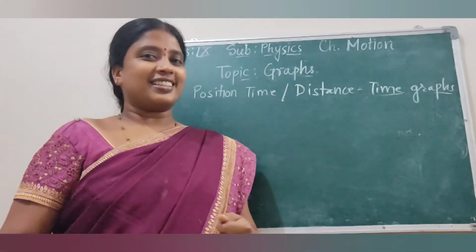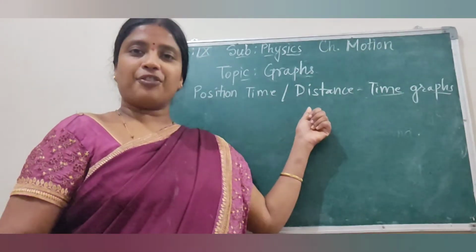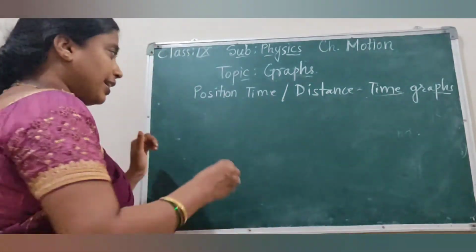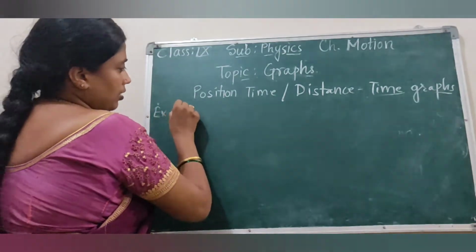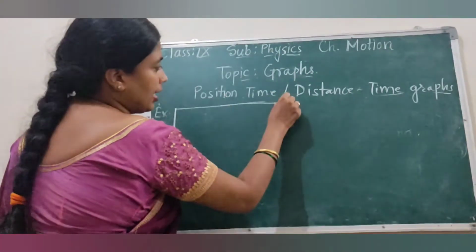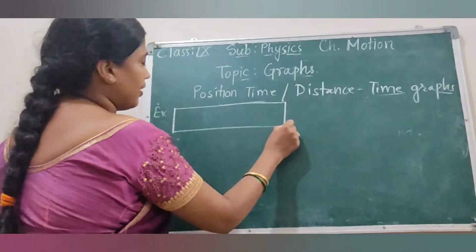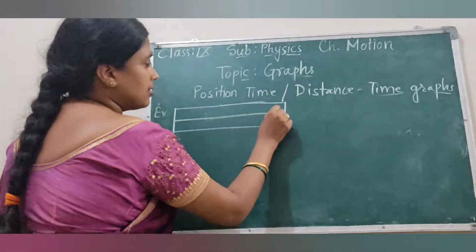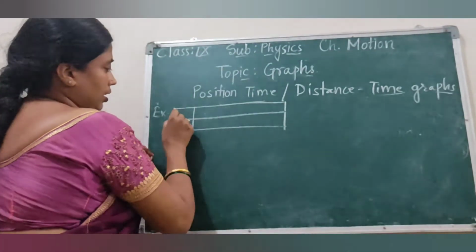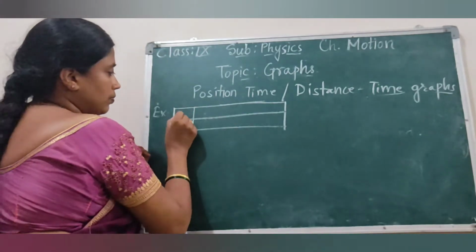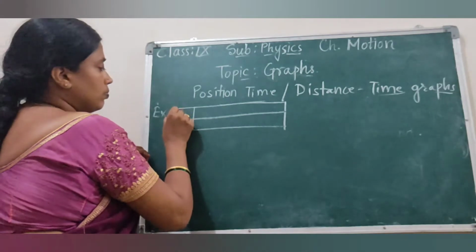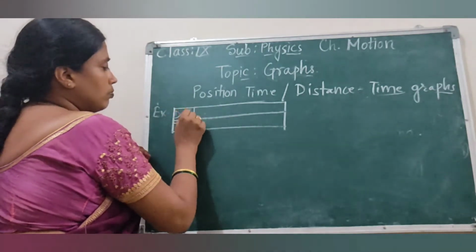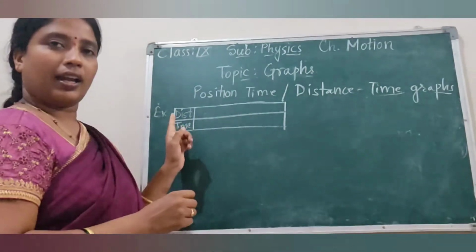Now let us understand the distance time graph with the help of the given data. For example, the motion of an object is given as time and distance.